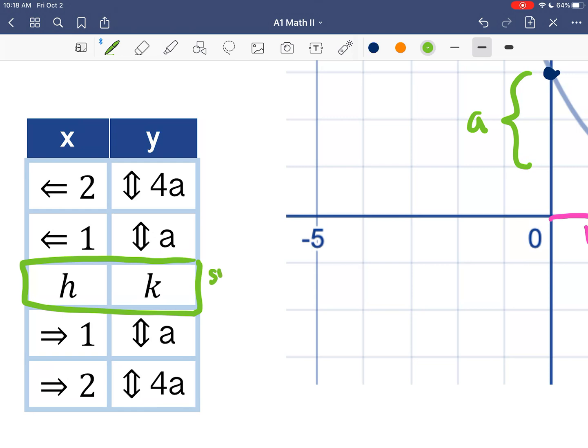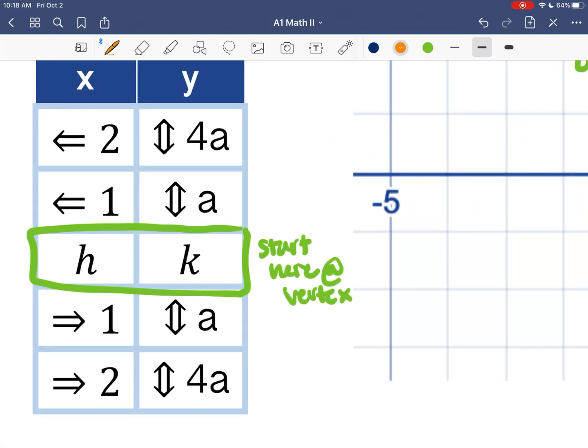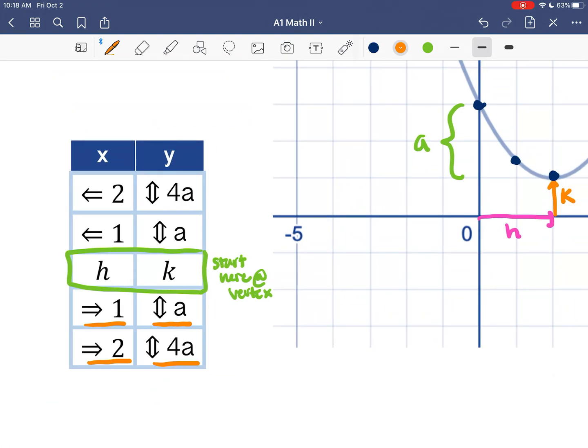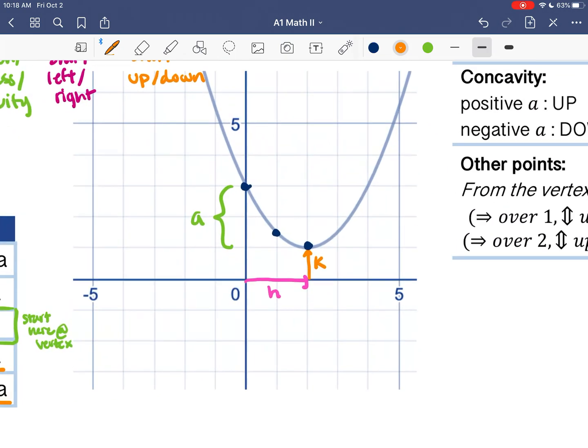H and K is where you start. This is the vertex. Start here at the vertex. And then to find the other points, you go over 1, up A, and then over 2, up 4 times A. And then just copy it to the other side of the line of symmetry.